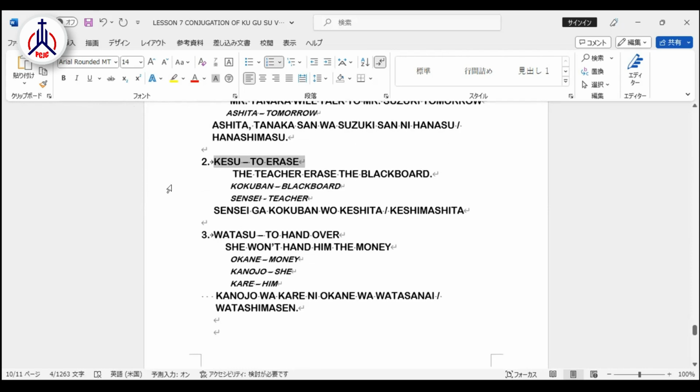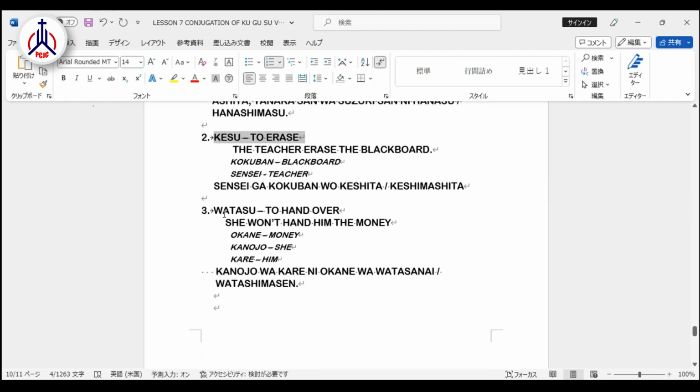So it goes like this. Sensei ga kokuban o keshita. And then the formal is Sensei ga kokuban o keshimashita. Formal past.